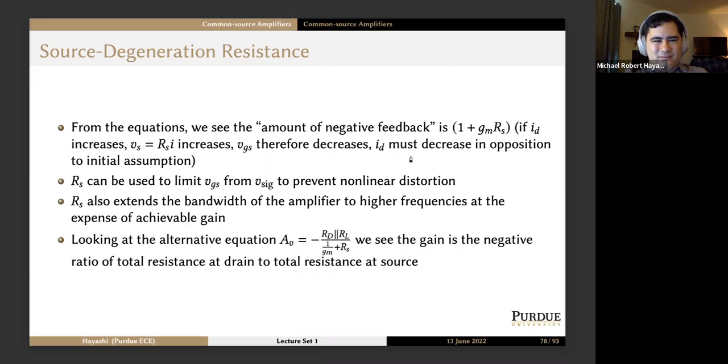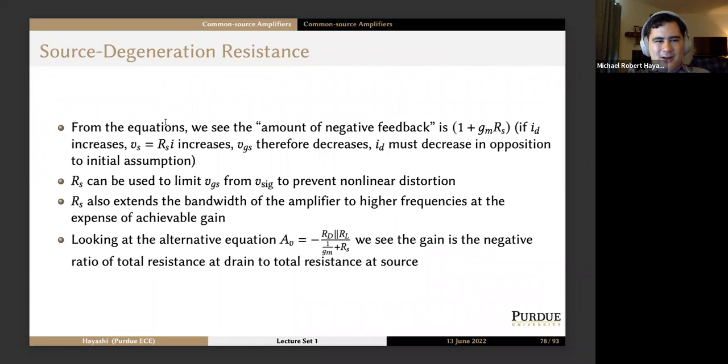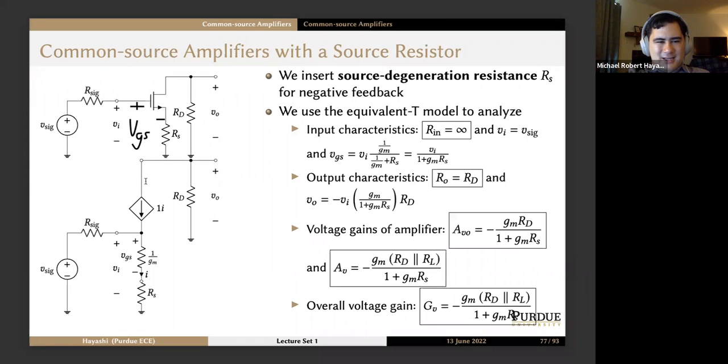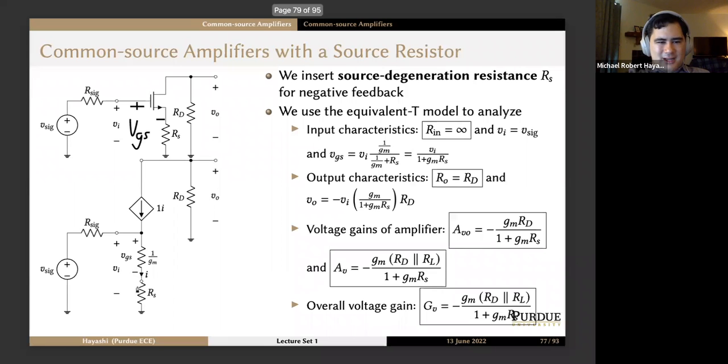So if you want to work your reasoning out, say ID increases for any reason. This is 382 type stuff, not something that I'm going to ask you to know on the exam. But if you wanted to justify it to yourself, say the drain current increases for some odd reason. VS equals RS times ID does increase. Then because of that, VGS must decrease, because this voltage is being raised up.